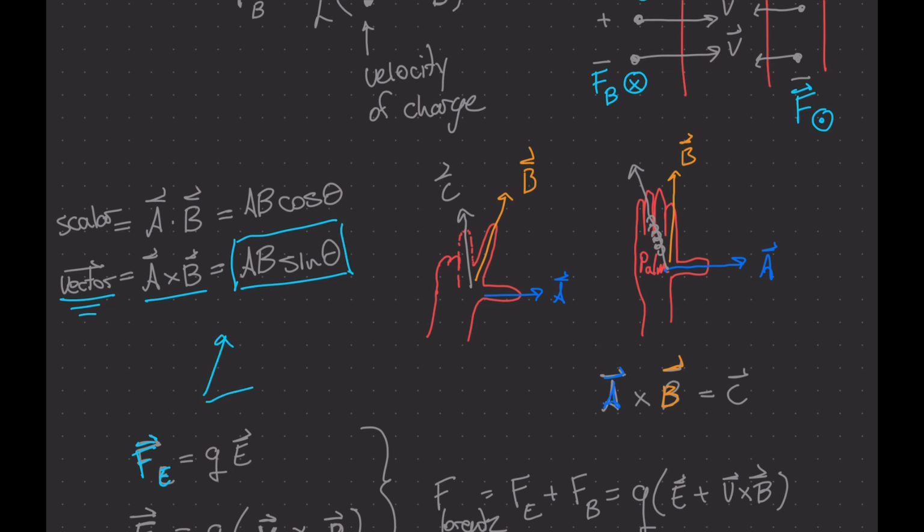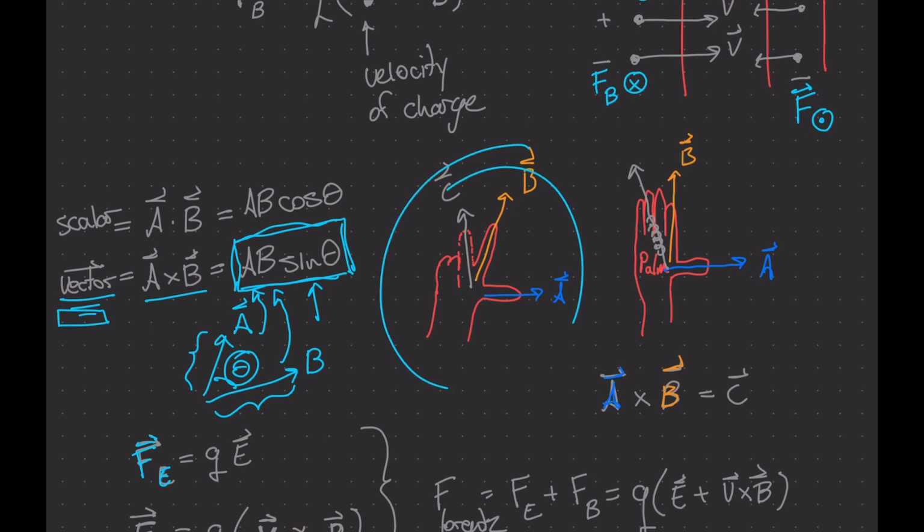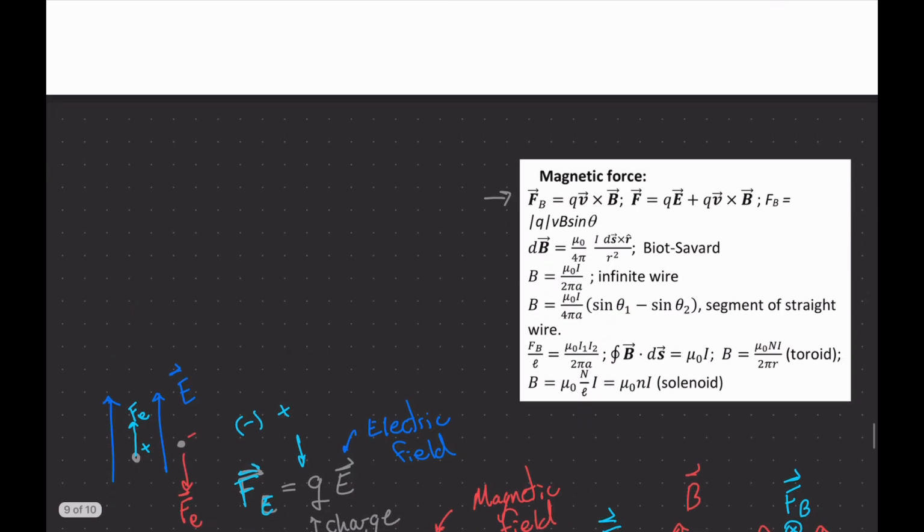If you have vector A and vector B, and this is the angle theta, you take the length of A, you take the length of B, you use sine of the angle between them, and then you get this thing over here, which is just the length of the vector. If you want to find the direction, you have to do the right-hand rule. Sounds good? Cool, guys.